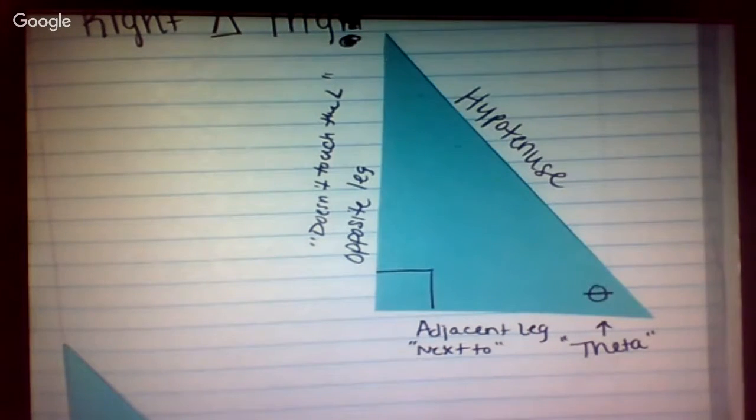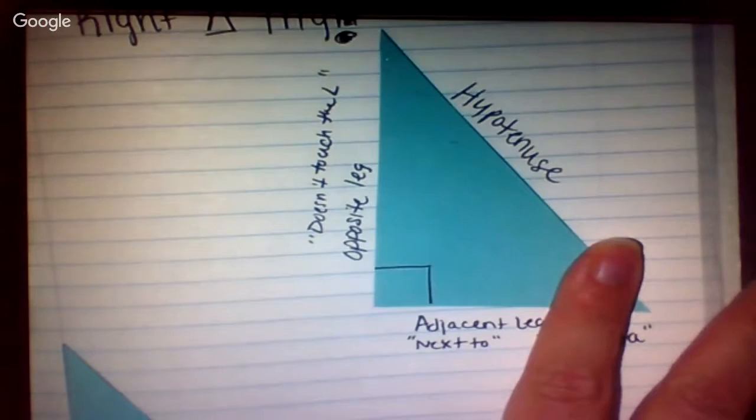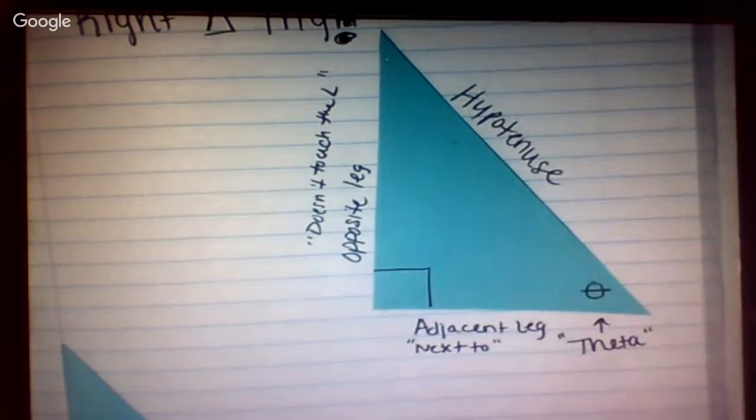So, in other words, if I take my finger and I cover up this angle, the side that doesn't touch my finger is your opposite side at all times. If I cover up whatever angle we're using, whether it be a number or an angle we need to solve for, the side that does not touch it is called the opposite leg. That's where the O, H, and A come from in SOHCAHTOA.